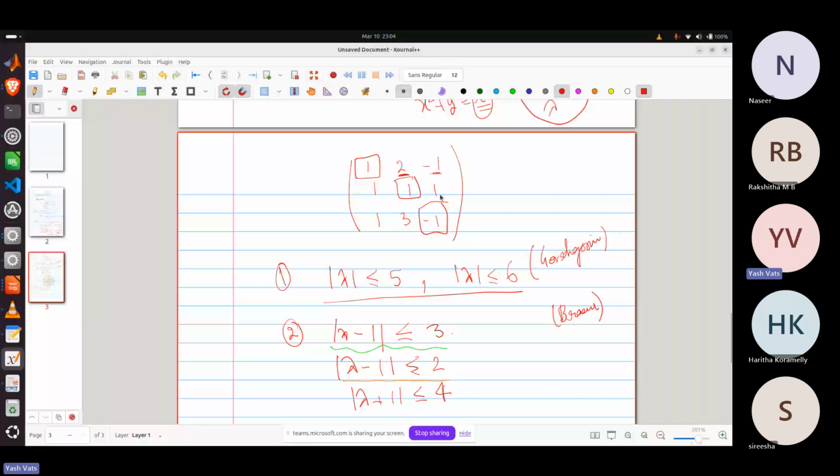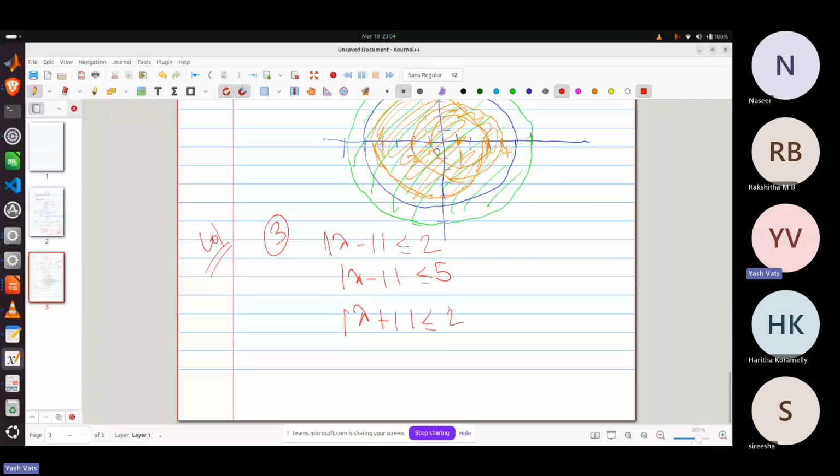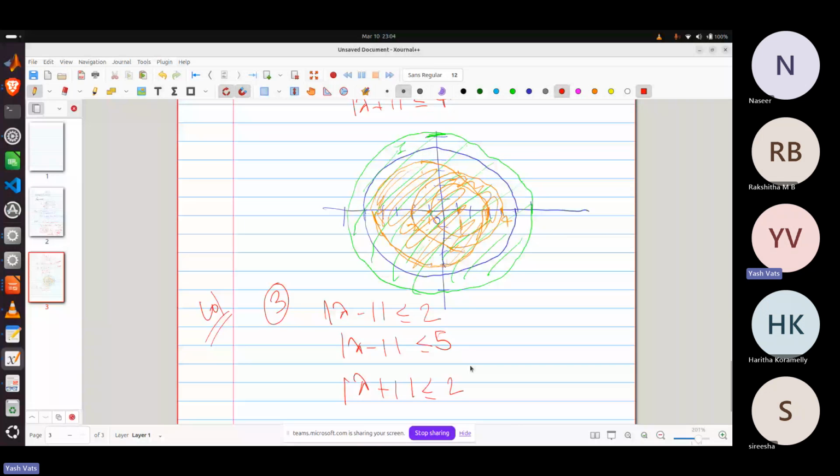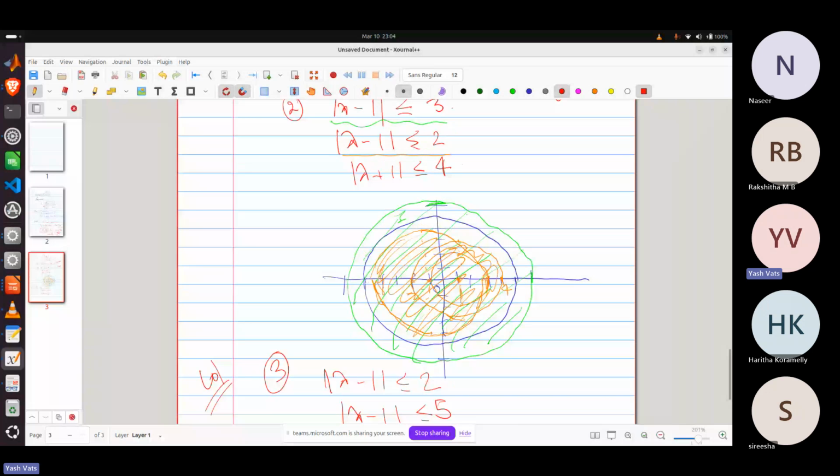So if you can sketch these maybe by red one, then keeping 1 as a center, you have to go 1, 2. So if I use very dark color, then maybe green, 1, 2 here, 1, 2 here, 1, 2 here. So it's kind of this region.